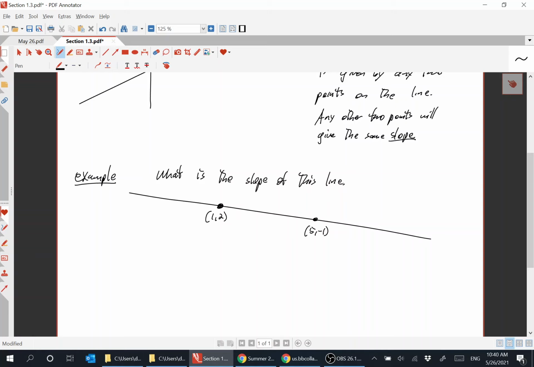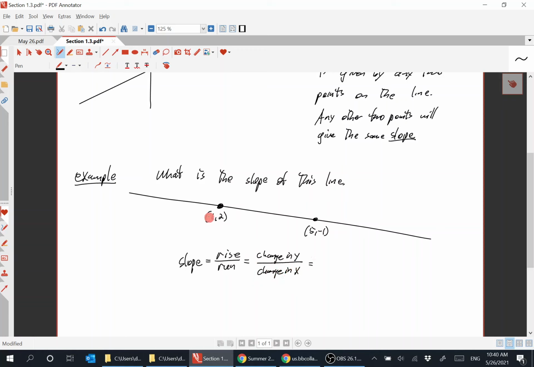All right, 1, 2, and 5, negative 1. Well, the slope is equal to the rise over the run. So you can also think of this as the change in y over the change in x.